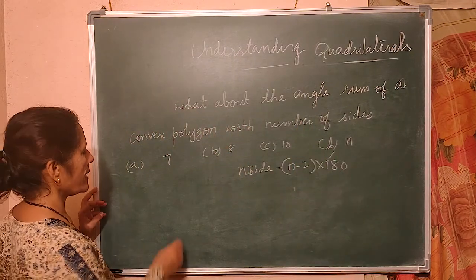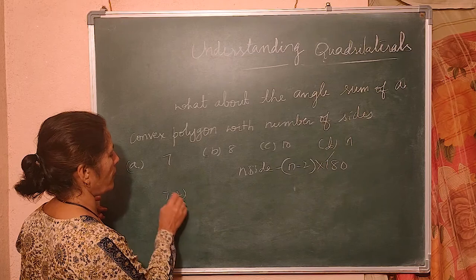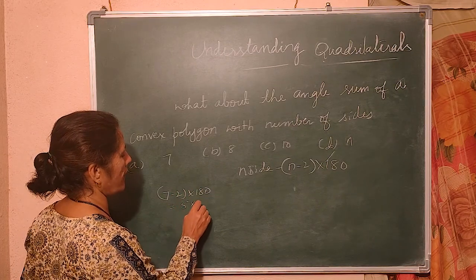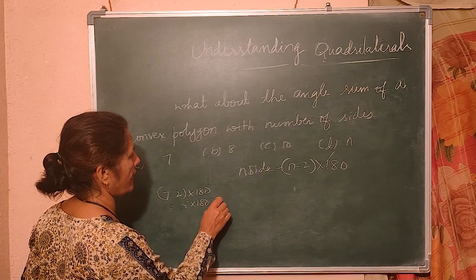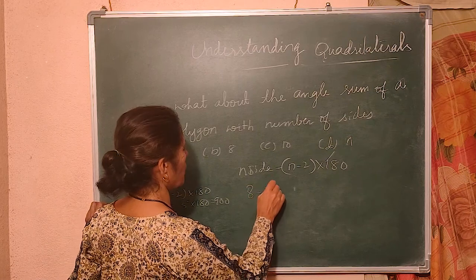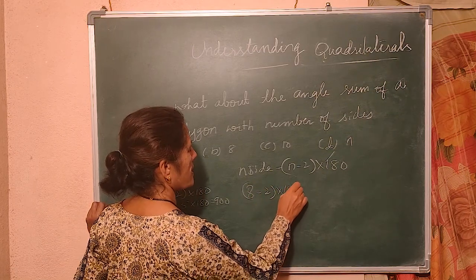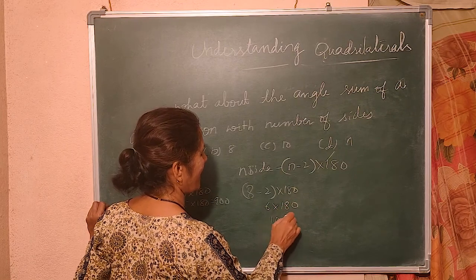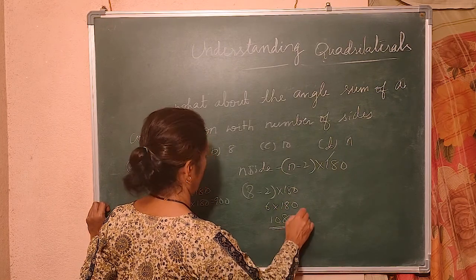So A, 7 minus 2 into 180. So how much? 5 into 180, 900. Here 8 minus 2 into 180 is equal to 6 into 180. 18 6s are 108, 1080 degrees. Right?